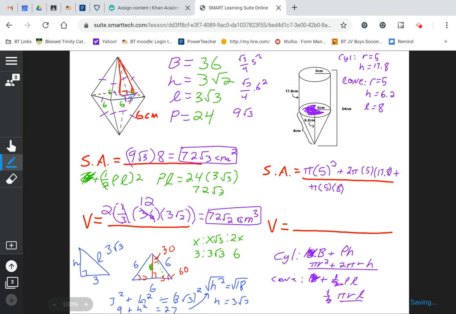So if we put all that together, that is 25 pi plus 5 times 17.8 times 2, that's 178 pi. 5 times 2 is 10, times 17.8 is 178 pi, plus 40 pi. And so if you add all those together, 25 plus 178 plus 40, you end up with 243 pi.